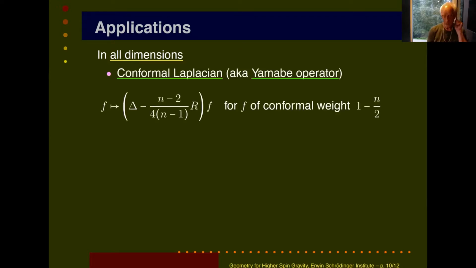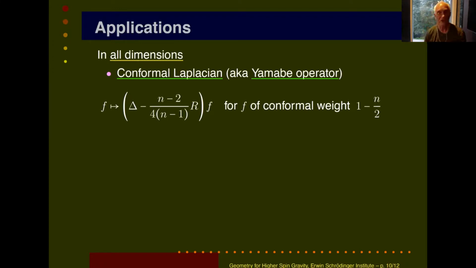You take a function of an appropriate homogeneity, which is then interpreted as a conformal density of an appropriate weight. You extend it ambiently. You look at the freedom in extension. You apply the wave operator from this ambient space. Once you've taken care of this conformal invariance, you are guaranteed to get something which is conformally invariant. And what you get is exactly the conformal Laplacian.